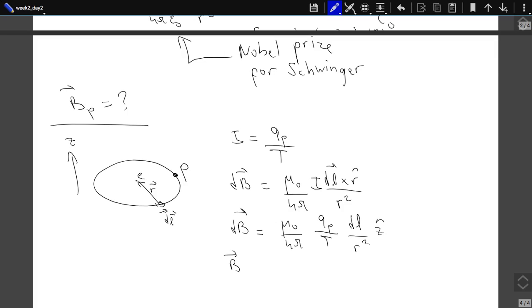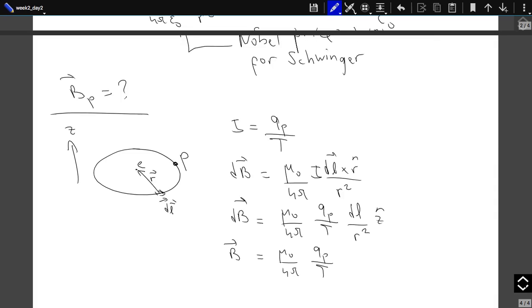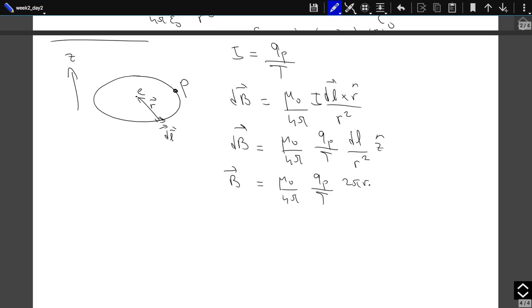All the segments contribute equally, and they all contribute in the same direction at the center. So I can just sum them up, and that gives me mu 0 over 4 pi q proton divided by T, times 2 pi r divided by r squared, in the z direction. I can make cancellations to get mu 0 over 2r, q proton divided by T, in the z direction.